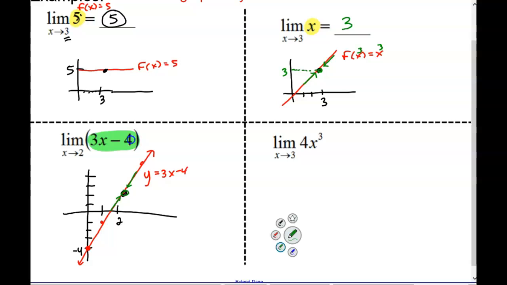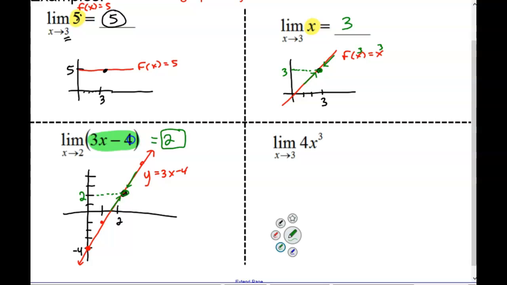Now, where is it going to hit? At the y value when x equals 2. So, the limit of 3x minus 4 as x approaches 2 is equal to 2.